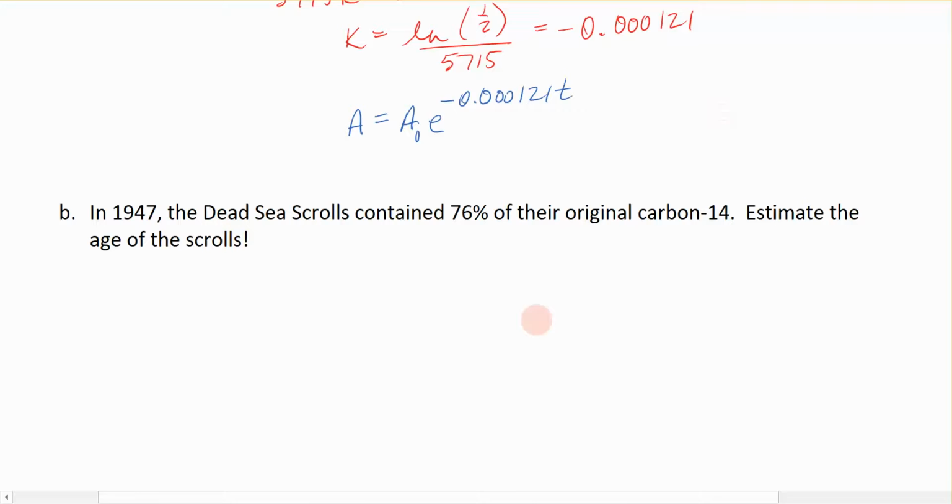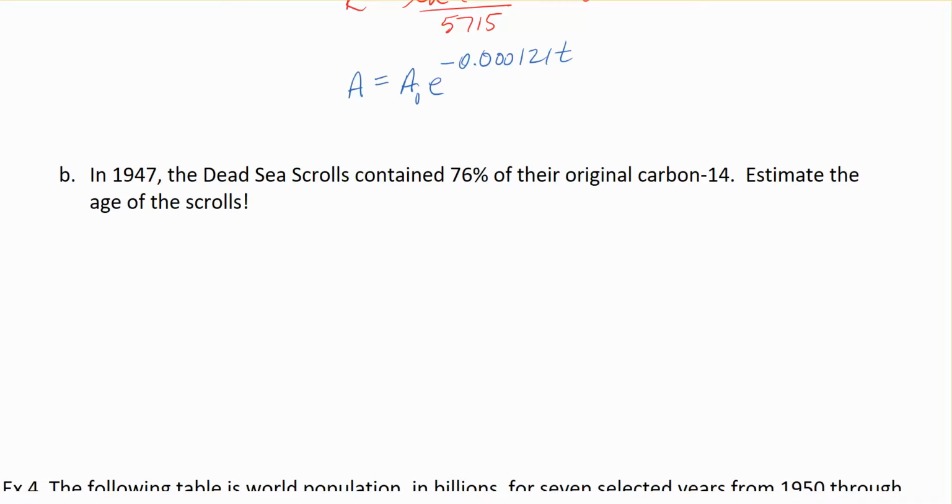The next part of this question says, in 1947, the Dead Sea Scrolls contained 76% of the original carbon-14. Estimate the age of the scrolls. So what we're looking for is how old the Dead Sea Scrolls were in 1947. Using my model, it says that in 1947, 76% of the original carbon was there.